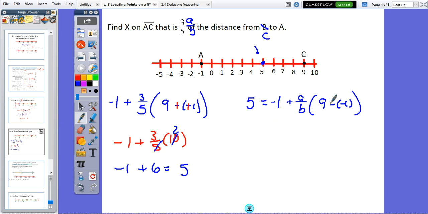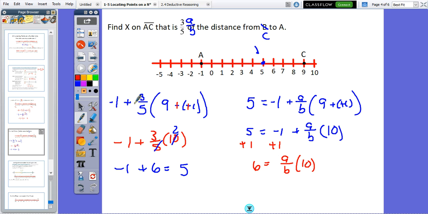So as we do this right here, we'll say 9 plus a negative 1, that becomes 10. And then we got a over b times 10 minus 1 equals 5. So then you ask, how am I going to get a fraction by itself? Good question. We're going to go ahead and add the 1 to both sides here. So we're getting 6 equals a over b times 10. And just like any other number, how do I get rid of this 10?